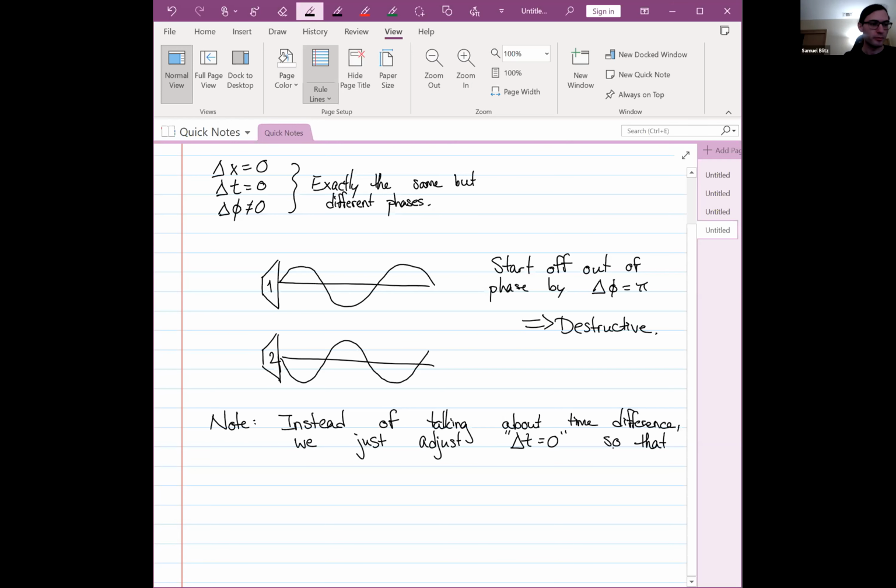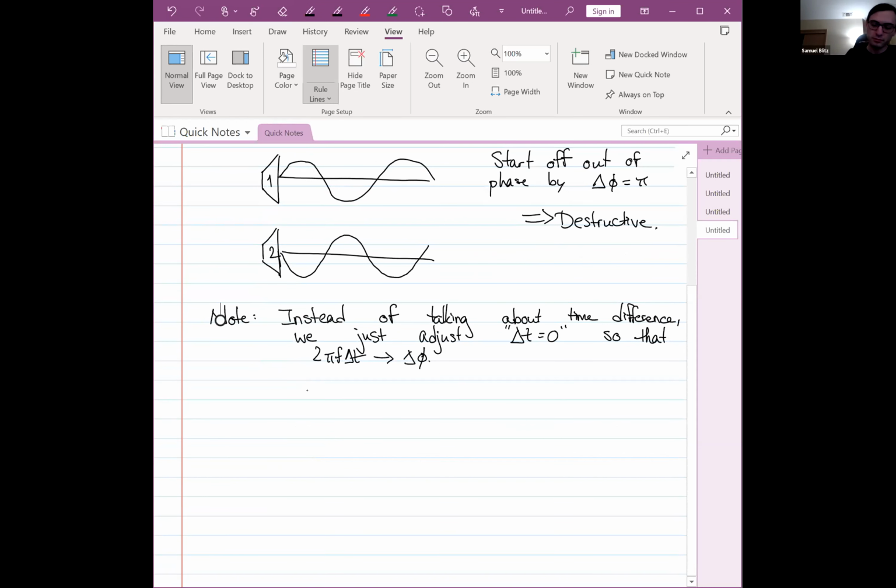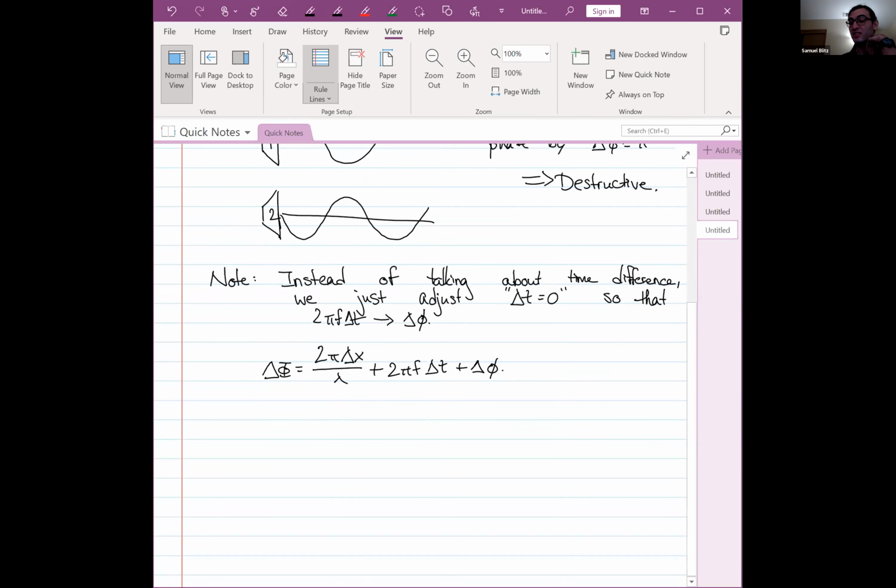Let me explain. 2 pi f delta t becomes part of delta phi. This is just to say, if our old phase was 2 pi delta x over lambda for old total difference in phase plus 2 pi f delta t plus delta phi, we just absorb their difference in times.